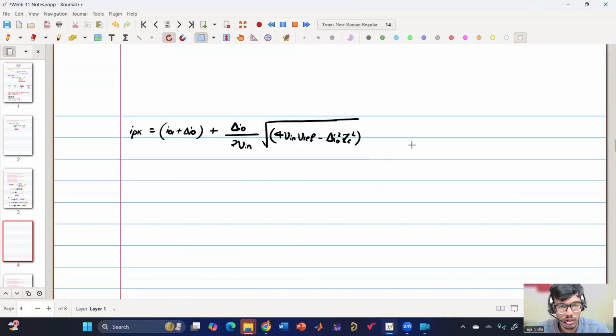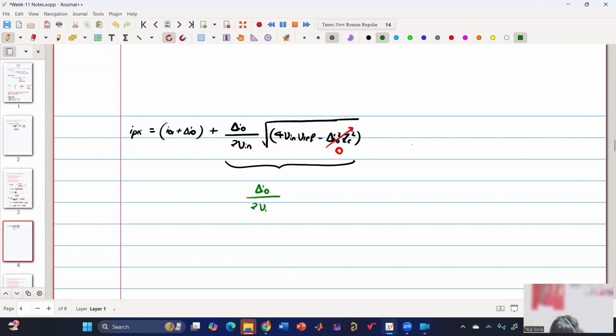Okay, so what sir has considered in the previous week is, sir has considered this very small, because ZC is very small, so this sir has considered 0. So now if we solve for this expression, then we'll have delta I naught by 2 into V into square root of 4 V in V ref, which is square root of 2, sorry, 2 into V in into V reference.